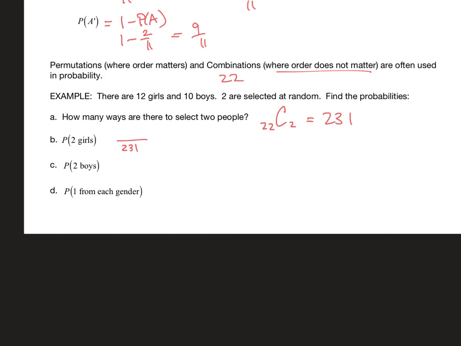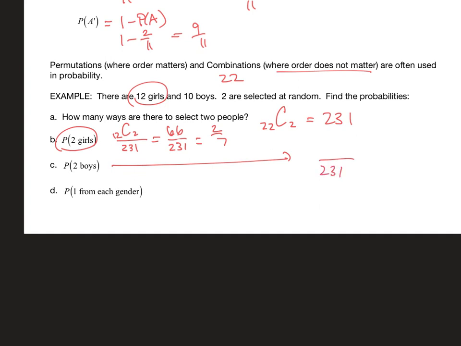So now, probability of 2 girls, well, I need to pick 2 girls out of the 12 girls there are to pick from. And if you put this in your calculator, you'll get 66 over 231, which reduces to 2/7. I'm going to move this one over here because I need some room. Okay, I know the denominator because that's the grand total number of ways to select 2 people.